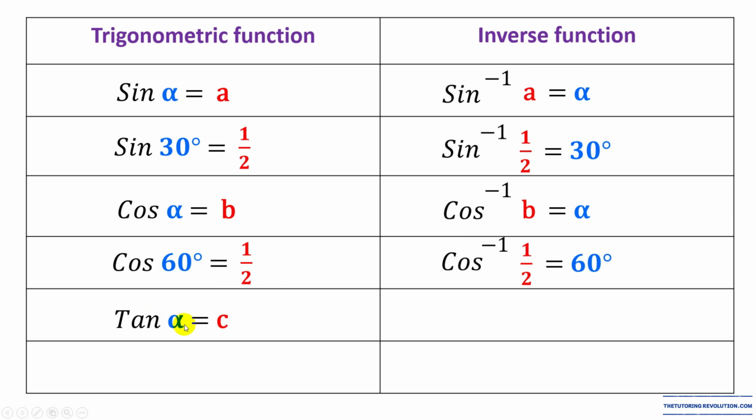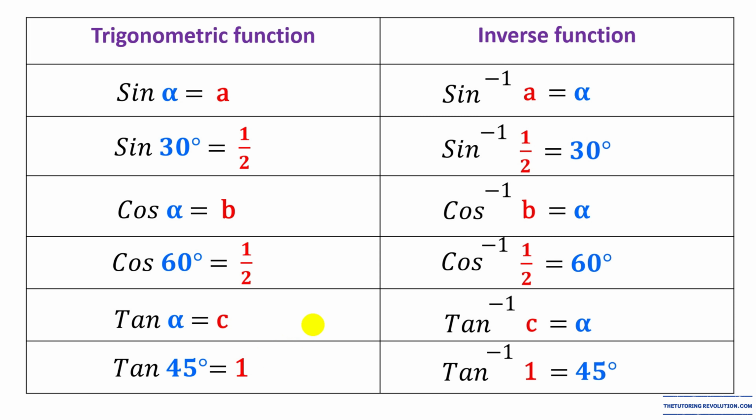Finally, tangent of alpha equals C. So tangent inverse of C will equal alpha. Again, alpha represents any angle you want and C represents any number you want. Now, tangent of 45 degrees equals 1. So tangent inverse of 1 will equal 45 degrees.